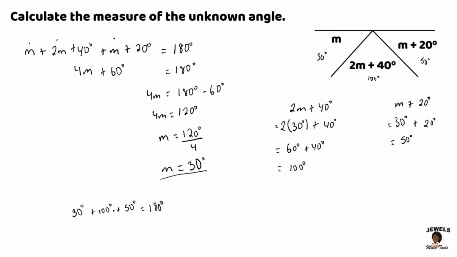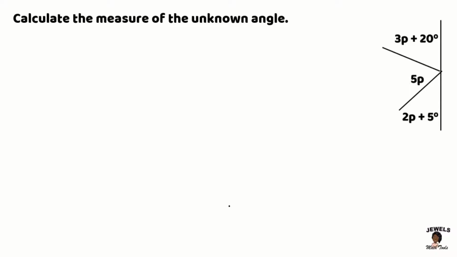So 30 plus 100 is 130 degrees, and when 130 degrees is added to 50 degrees, we get 180 degrees. So since my angles all sum to 180 degrees, that means that the measures that I got for each of these angles, which are 30 degrees, 100 degrees, and 50 degrees, are correct.